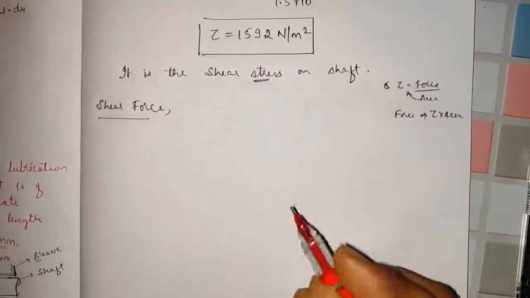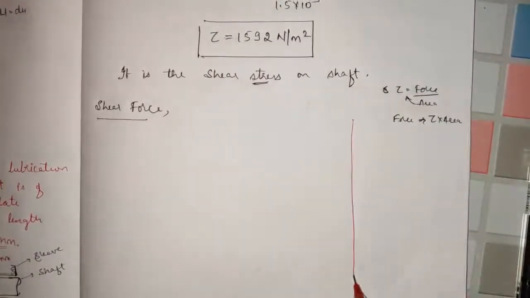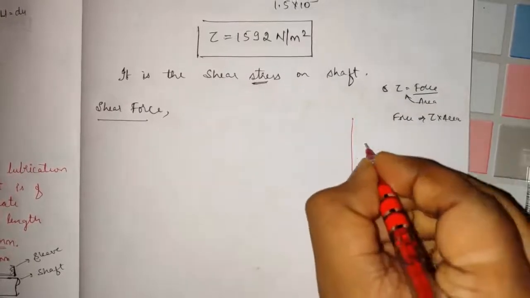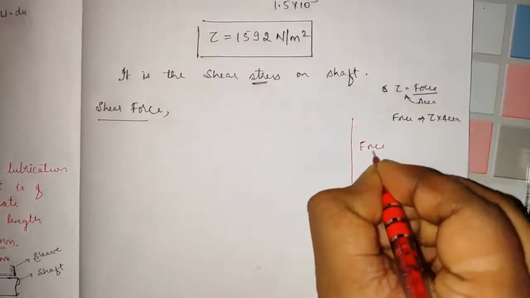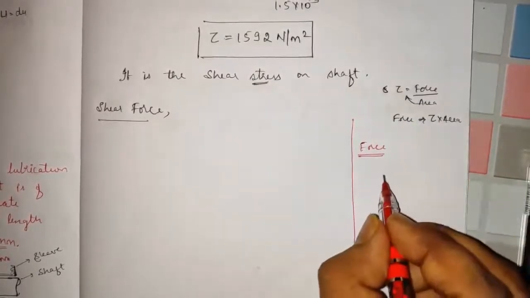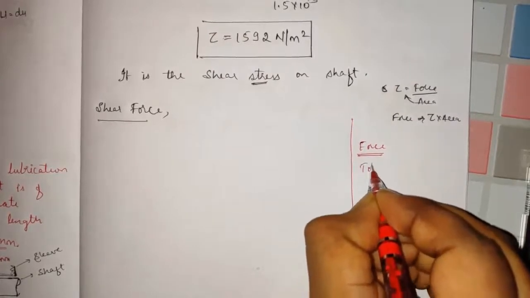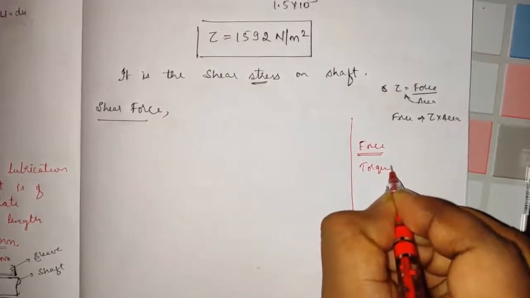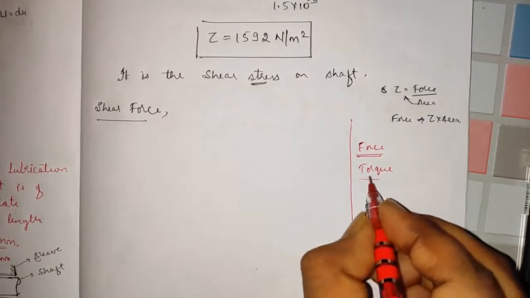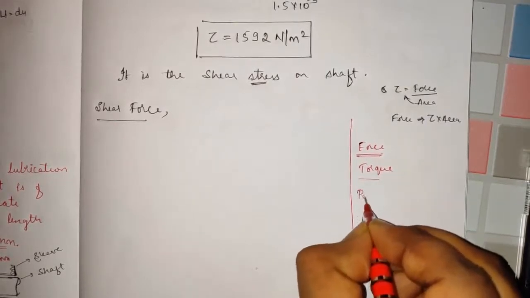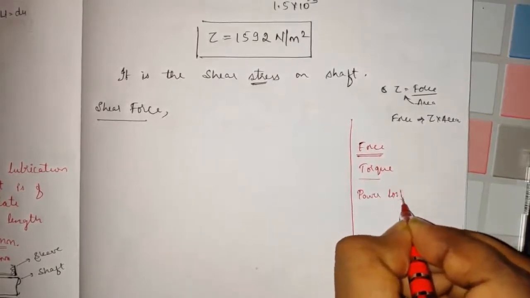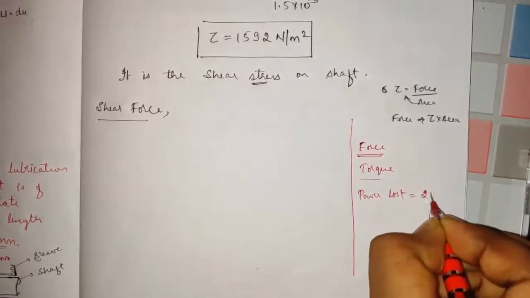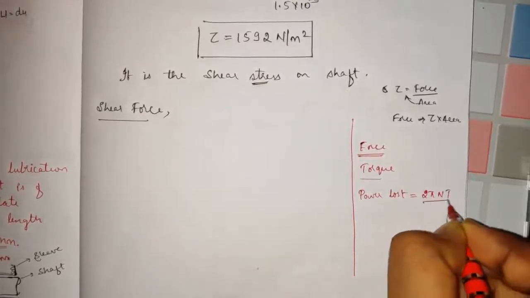Before that I'll tell you one thing. From this I'll calculate the force. After calculating force, I need to find the torque. Why? Because the power lost formula is 2 pi nT by 60.